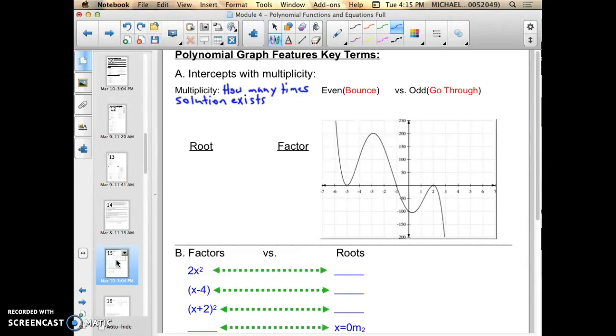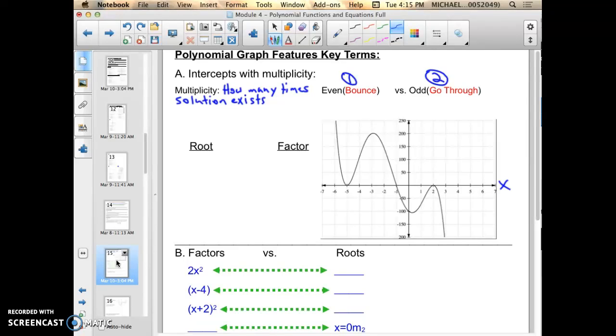And then there's 2 different situations that can happen. That solution could have an even multiplicity, and that means that it's bouncing off of the x-axis, versus the second situation could have an odd multiplicity, means it goes through the x-axis. It's all based off of the x-axis because we're talking about x-intercepts.